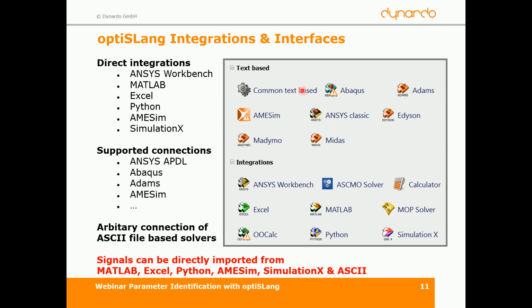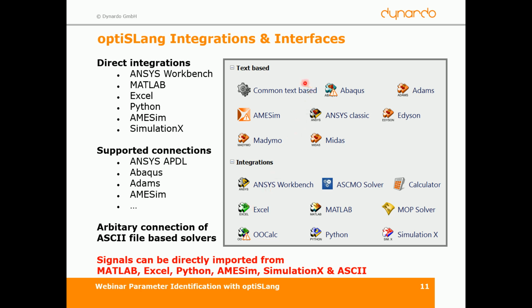Here you can see many integrations which are available in OptiSlang. In this way, you use OptiSlang as an integration tool to automate the process you define. There you have two ways of integration. First is the direct integration, mostly known as the ANSYS Workbench node, but we also have MATLAB or Excel as direct integration.